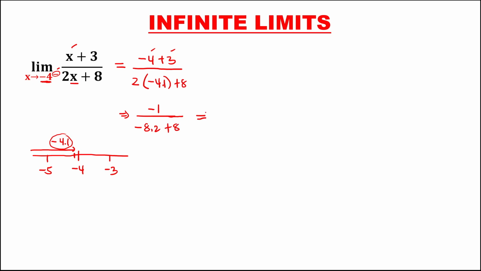Then this time, we need to take the sign. The numerator is negative, over negative 8.2 and positive 8. Since 8.2 is greater than 8, the denominator is negative. Then negative divided by negative is positive infinity. So the limit is positive infinity.